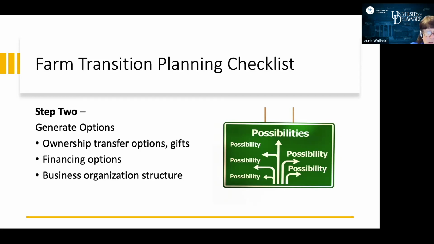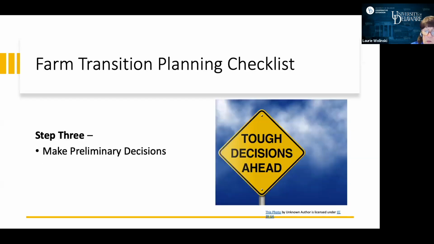And what type of business structure will it ultimately be? And the possibilities are one of the things that come out of the communication. You start talking about what it is. And then you start making preliminary decisions. And it's tough. It is tough to make these decisions. Again, a reason not to do this in a hasty manner. Take your time.